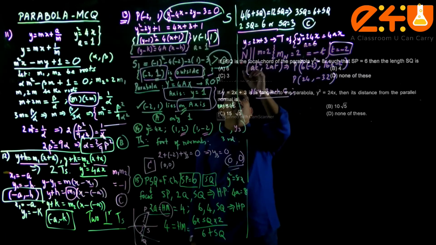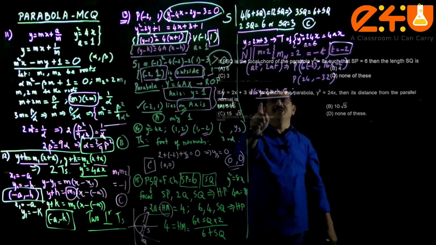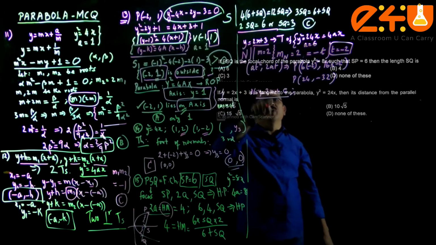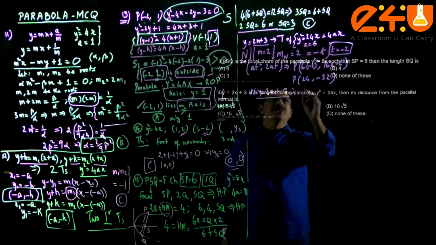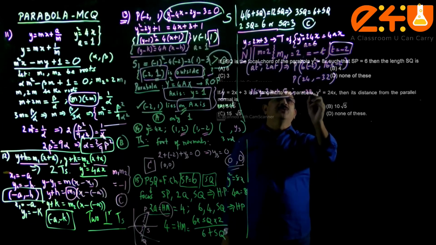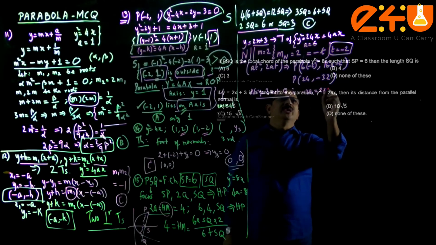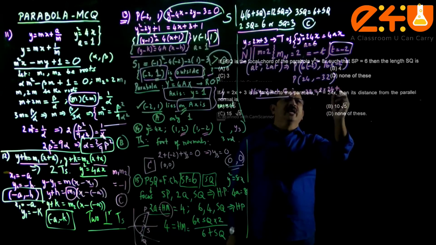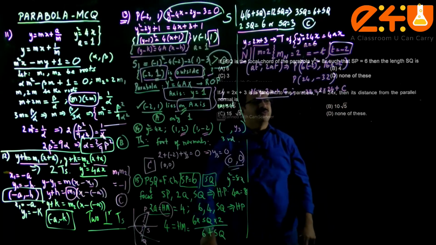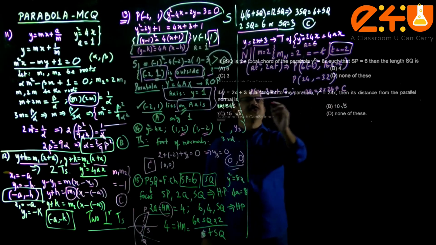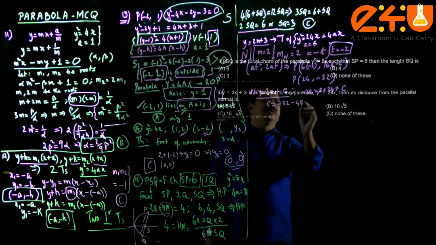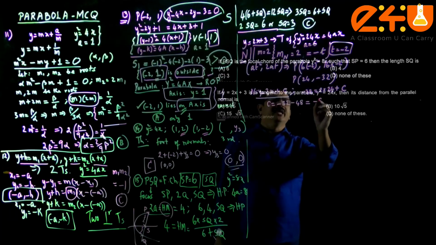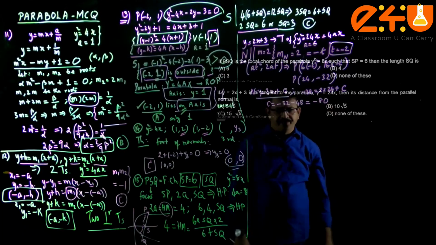We are drawing a normal parallel to 2x plus 3. So y is equal to mx, m is 2 only, the constant alone you have to discover. Substitute these values, y and 2 into x, so that you discover C. So what is the answer for C?